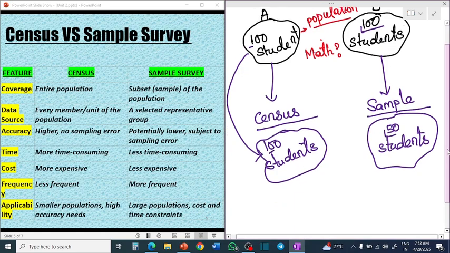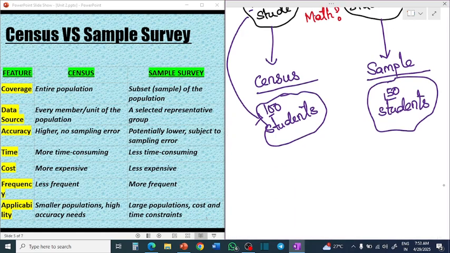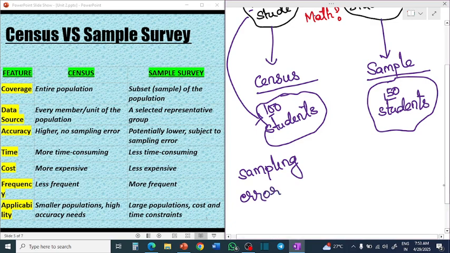The chance of sampling error. So what is sampling error? Sampling error is any mistake which you make while taking the sample, while taking a wrong sample.